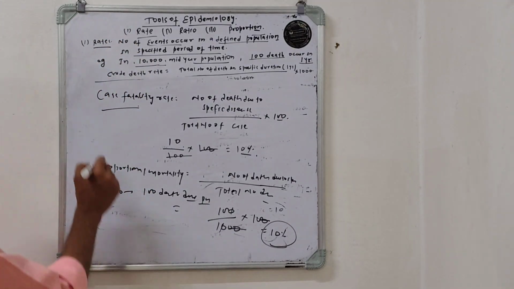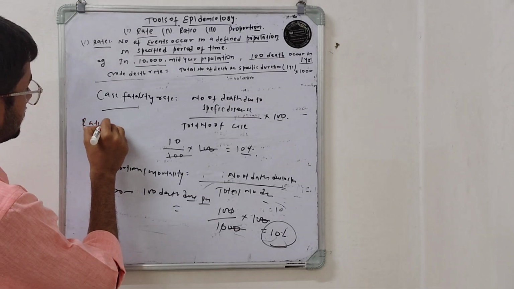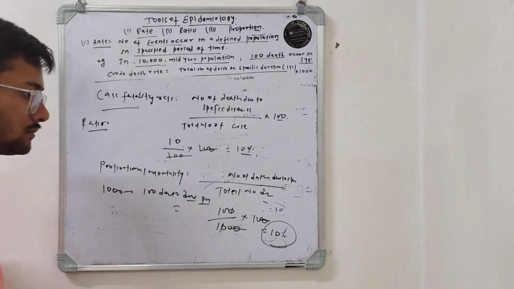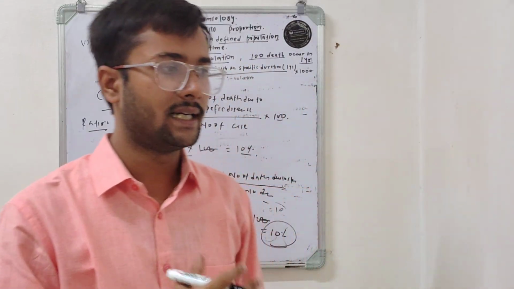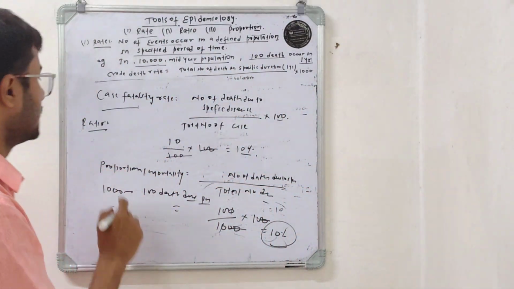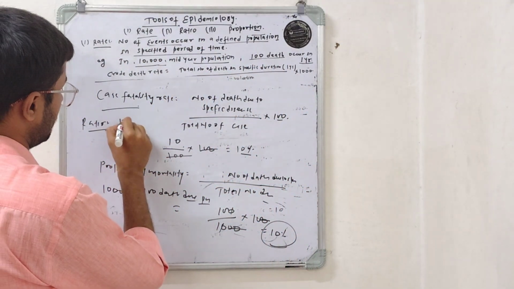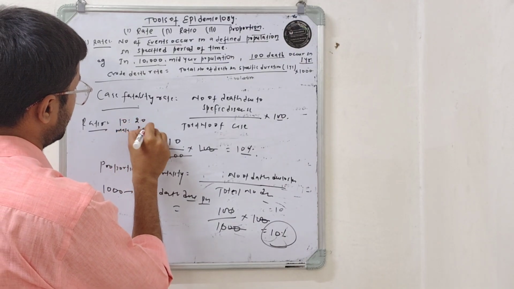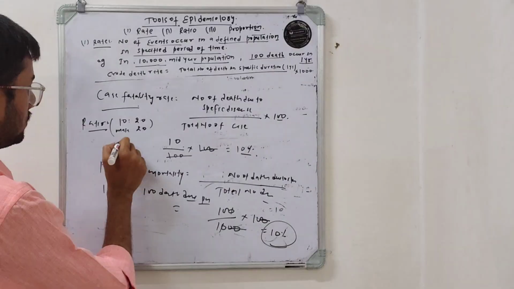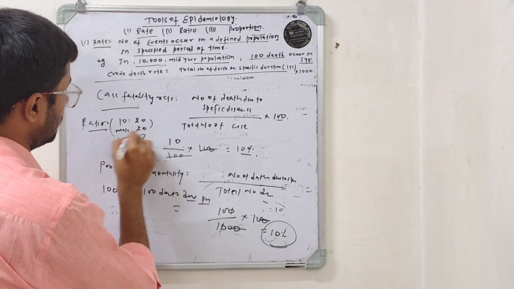Now what is the meaning of ratio? Ratio tells how many times one quantity contains another. For example, we take 10 ratio 20, 10 male and 20 female. So 1 ratio 2.